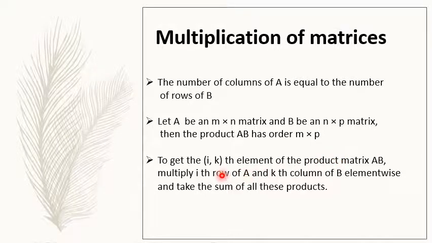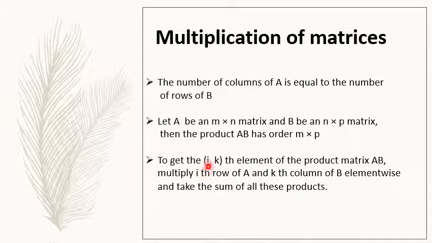To get the ik-th element of the product matrix AB, we need to multiply the i-th row of A with the k-th column of B element wise. Then we take the sum of those products.